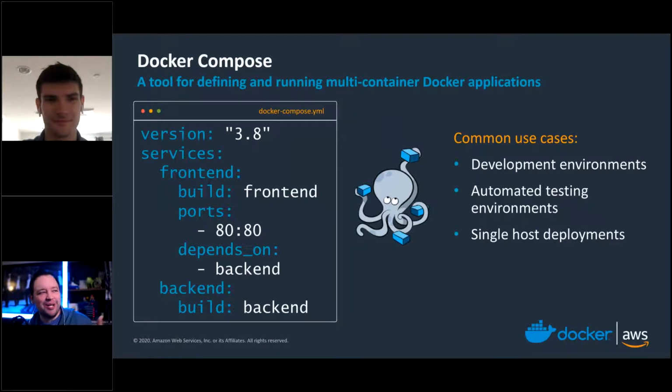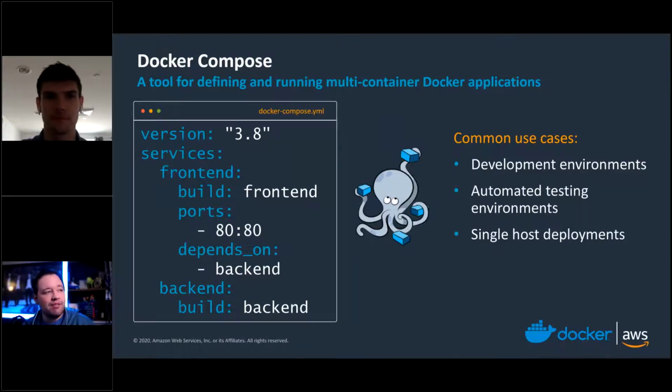It basically looks like this. So I'm defining a couple of services. I have a front end, I have a back end. There's some ports. The back end is needed by the front end. And so there's some complexity around ordering and things. But what people use this for, I use Compose a lot just to remember all the Docker flags. Docker run has a bunch of flags, and Compose can just take care of that for me.